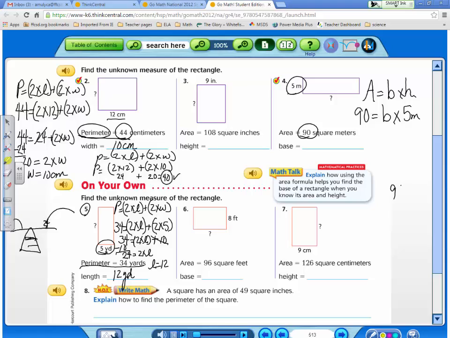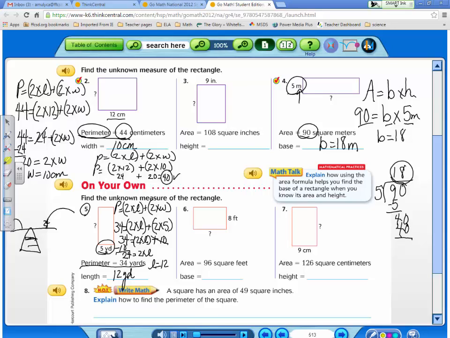Feel free to go to the side and set up a division problem. 5 goes into 9 once, subtract and I get 4. Bring down the 0. 5 goes into 40 8 times, and that gives me 40. So 18. So my base equals 18, because 18 times 5 is 90. So my base here is 18, and my units is meters. I get that from here. So that one's a little bit simpler because the formula is simpler.